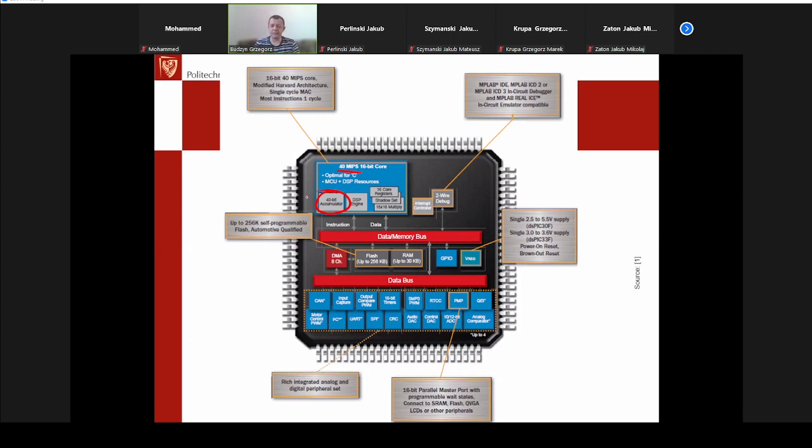This kind of wider accumulator is especially critical if we talk about integer calculations.